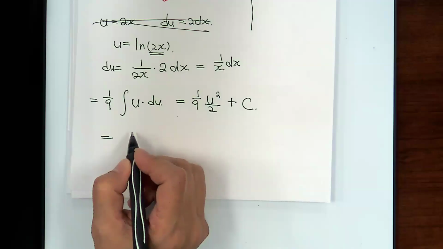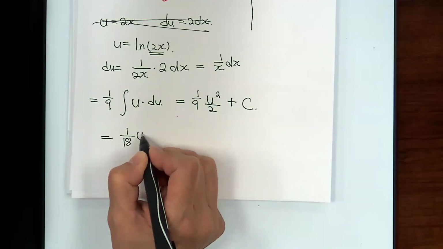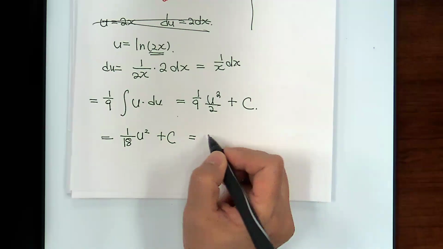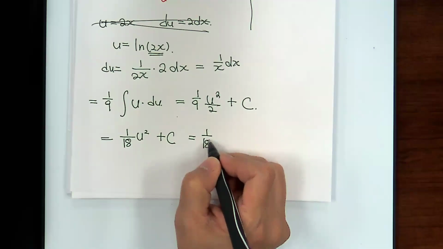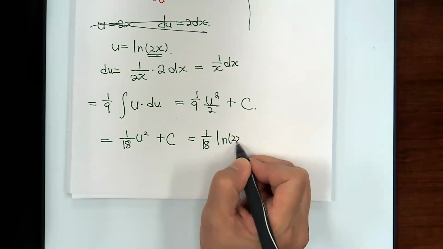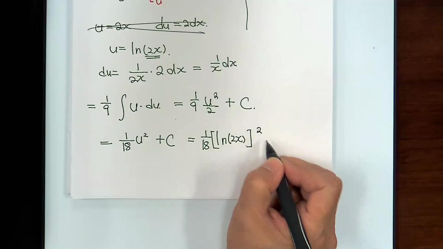And then that is 1 over 18 u squared plus c. And then that is 1 over 18 times, u is natural log of 2x, so natural log of 2x squared plus c.